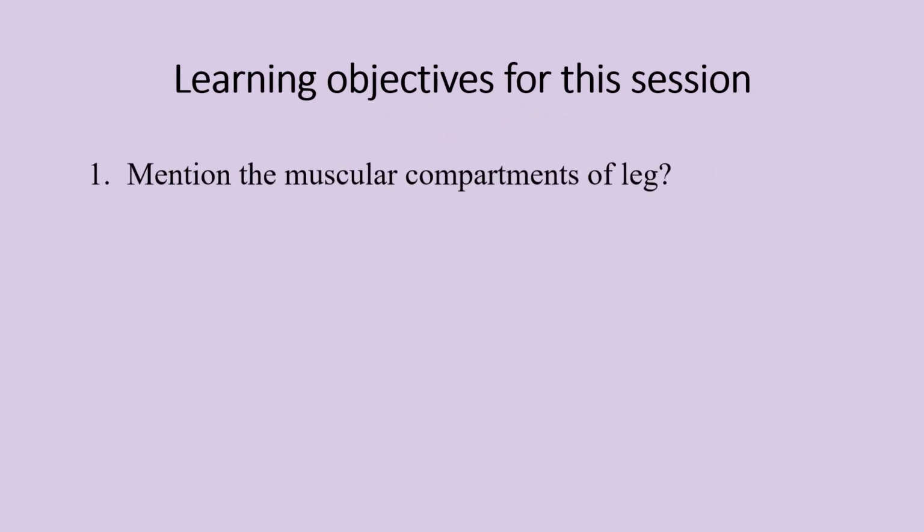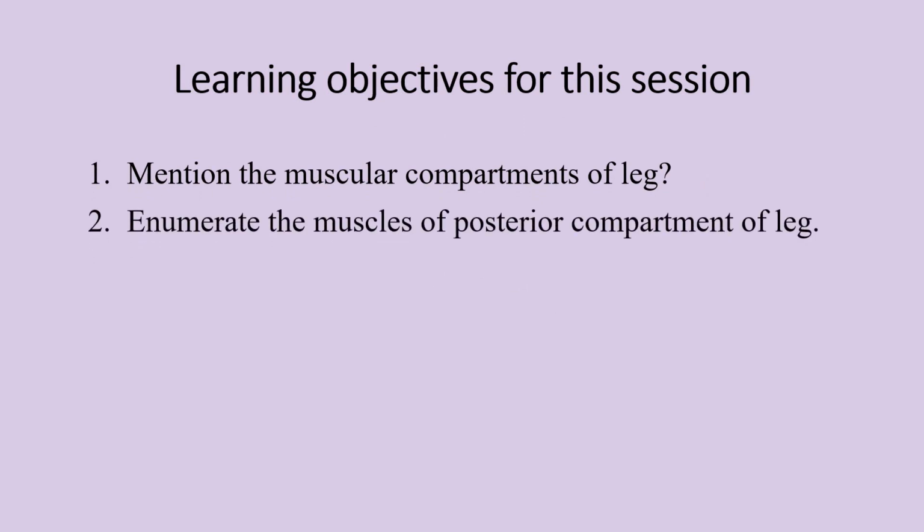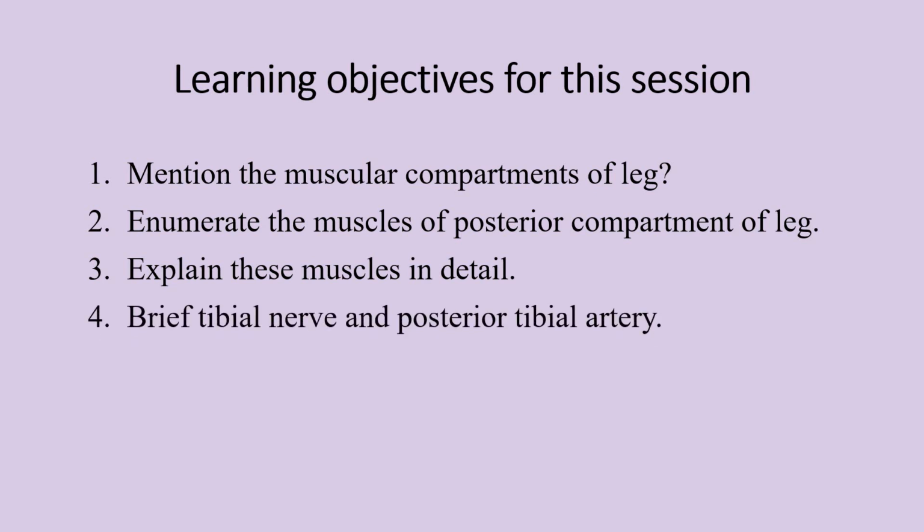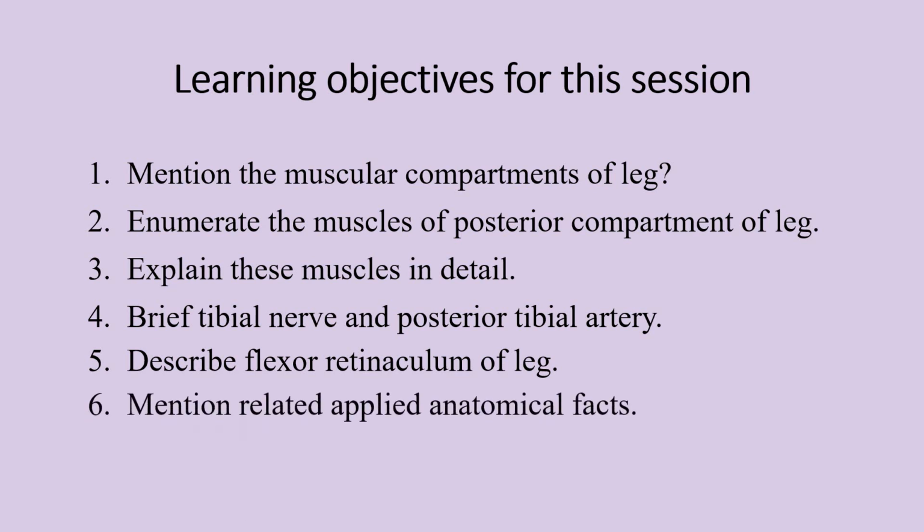These are the learning objectives for the session: mentioning the different muscular compartments of the leg, enumerating the muscles of the posterior compartment of the leg, explaining these muscles in detail, that is their origin, insertion, nerve supply and action, briefing the tibial nerve and posterior tibial artery, which are the main neurovascular structures of this compartment, describing the flexor retinaculum, which is just behind the ankle joint on the medial side in the lower part of the leg, and mentioning a few of the related applied anatomical aspects. So let's begin.